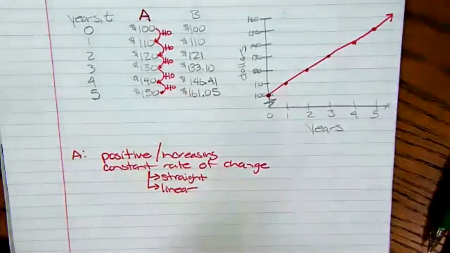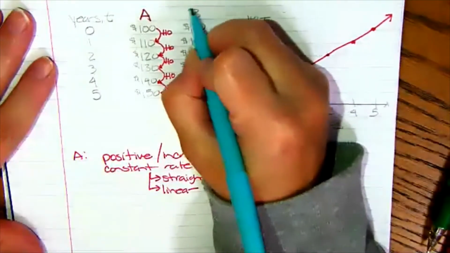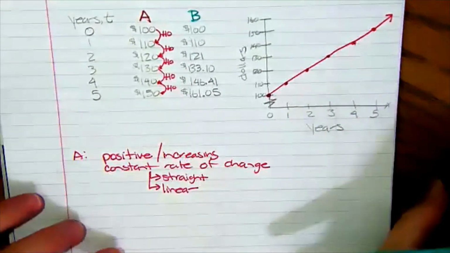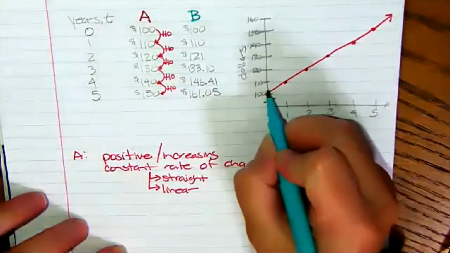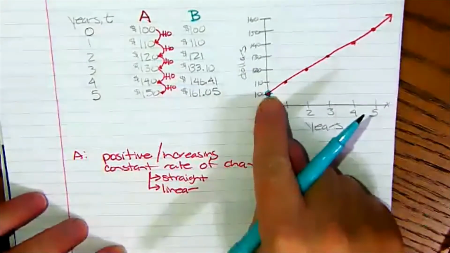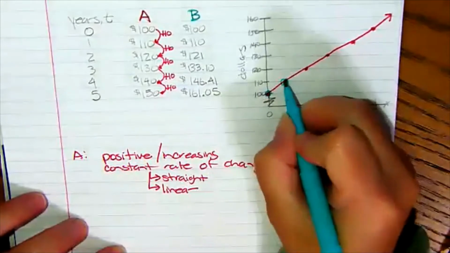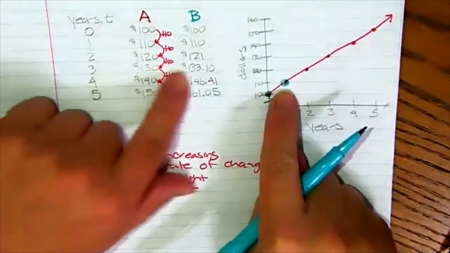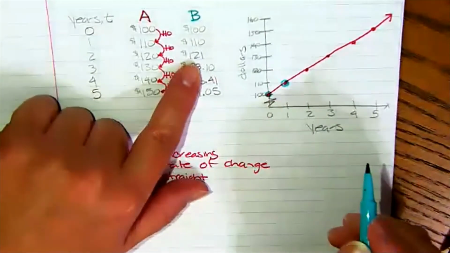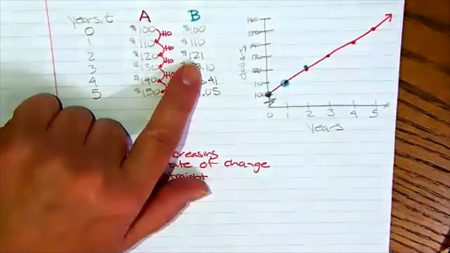Okay, now let's graph account B that has compound interest. So we have 0 and 1. So at 0 years, we deposit $100. After 1 year, we have $110, just like account A. But now this is where we start differing. After 2 years, we have $121.